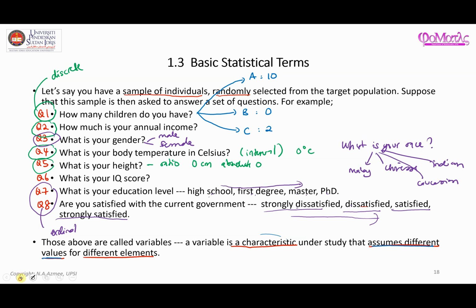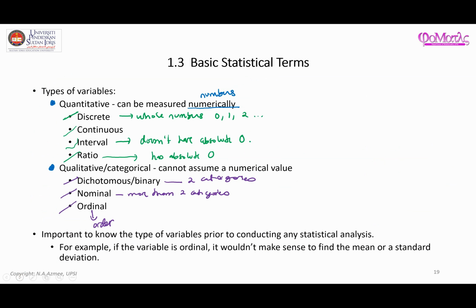All right. Now, why do we need to know all these types of variables? This is because if you want to conduct any sort of statistical analysis, you need to understand the type of variables.